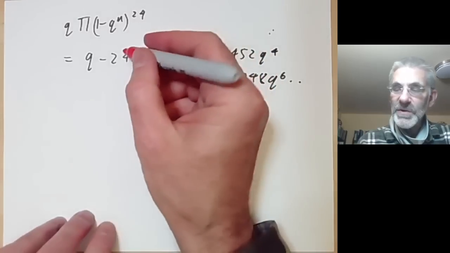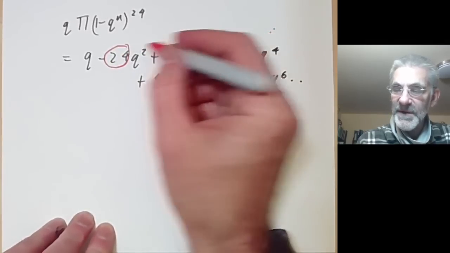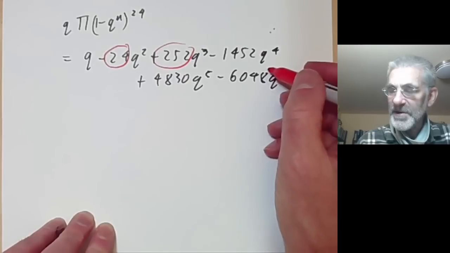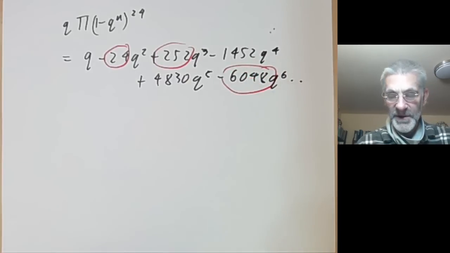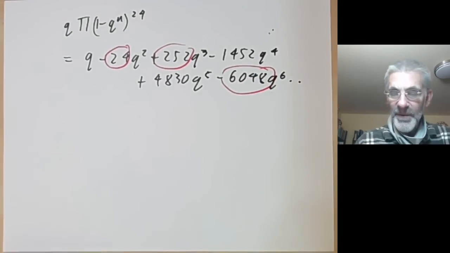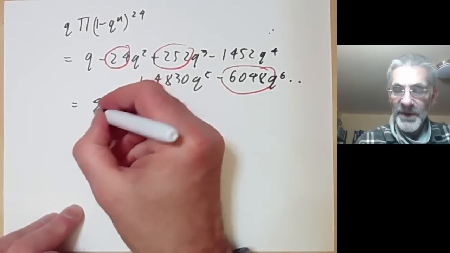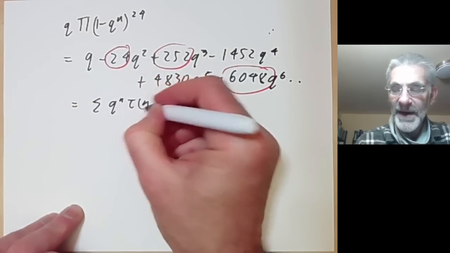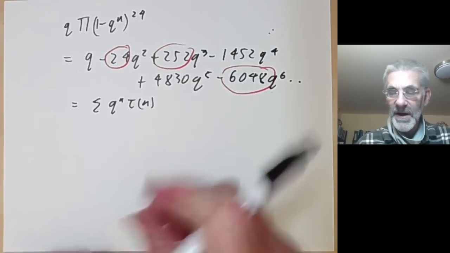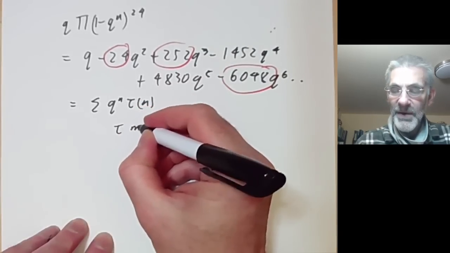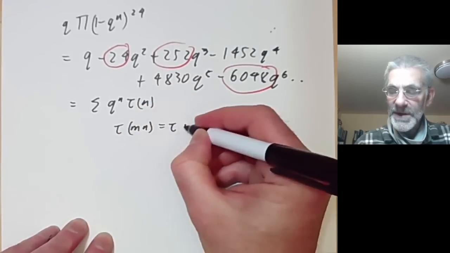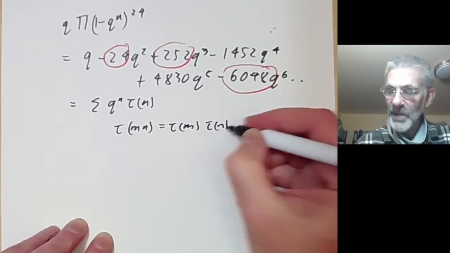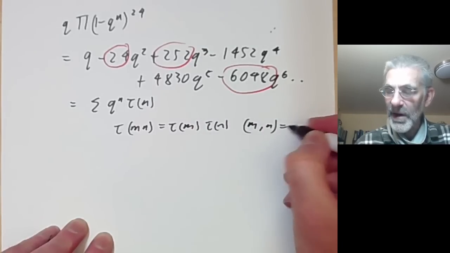And Ramanujan looked at this and he noticed that if you took the product of this number and this coefficient, we get this coefficient. So let's write this as the sum of q to the n times tau of n, which is Ramanujan's notation. So Ramanujan noticed that tau of mn is equal to tau m times tau n whenever m and n are co-prime.